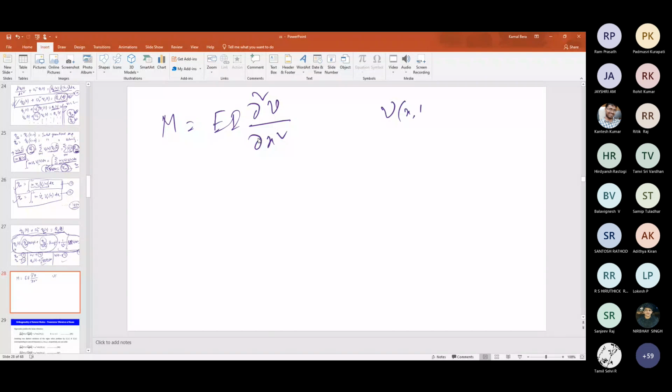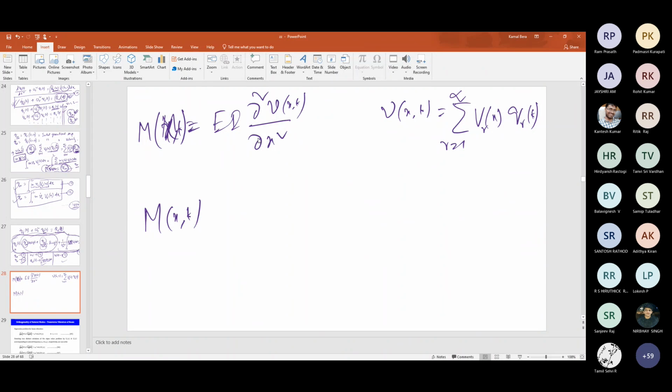What is V? V is nothing but the summation r equal to 1 to infinity of V_r(x) into Q_r(t). So M as a function of x and t, obviously time dependent as well as space dependent.